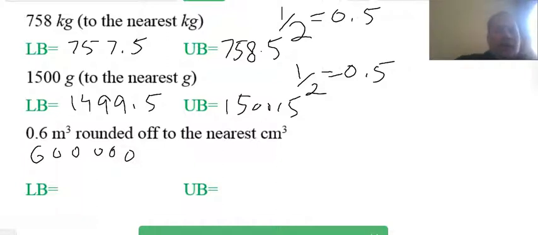Now we will find the upper bound and lower bound of this number. So it is the nearest centimeter cube. It is not nearest 10 or nearest 100. So in this case we divide 1 by 2, that is 0.5, and then we subtract this 0.5 from this number.